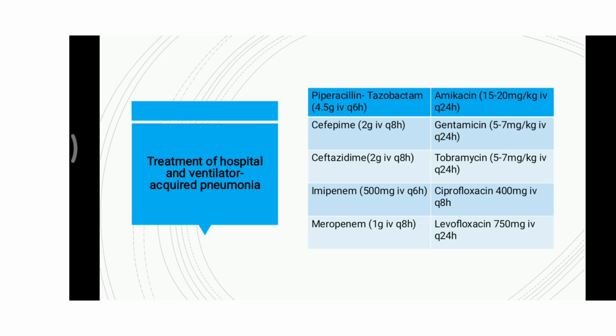Like that, if we take cefepime, then along with the cefepime, we can take any one of these drugs. So this is the treatment plan in case of hospital acquired and ventilator acquired pneumonia.